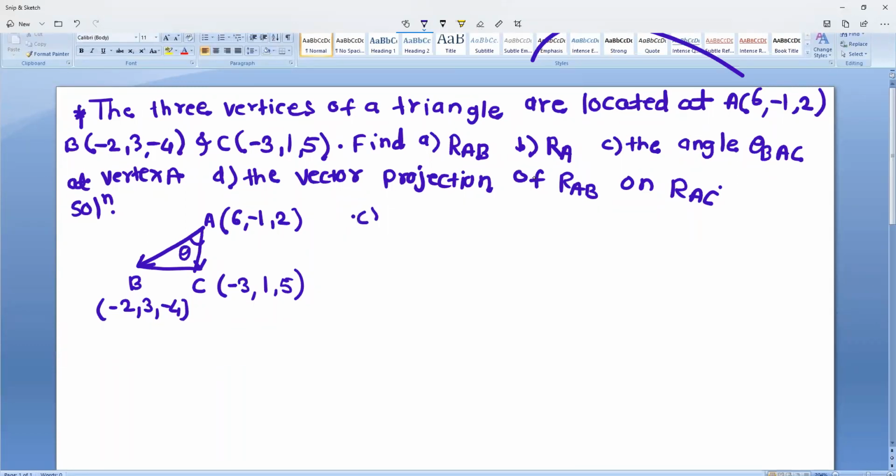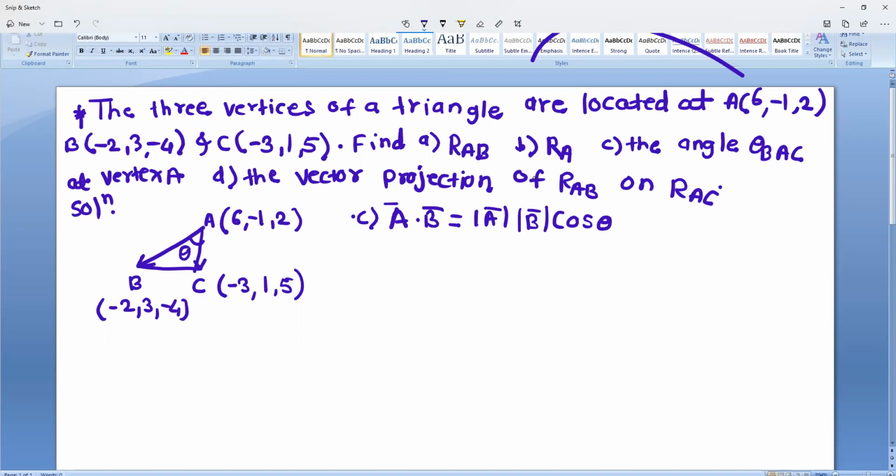Okay. Now question C. We have to find the angle at vertex A. So the dot product is A bar dot B bar equal to mod of A bar, mod of B bar, into cos theta, right? Now these are two vectors.